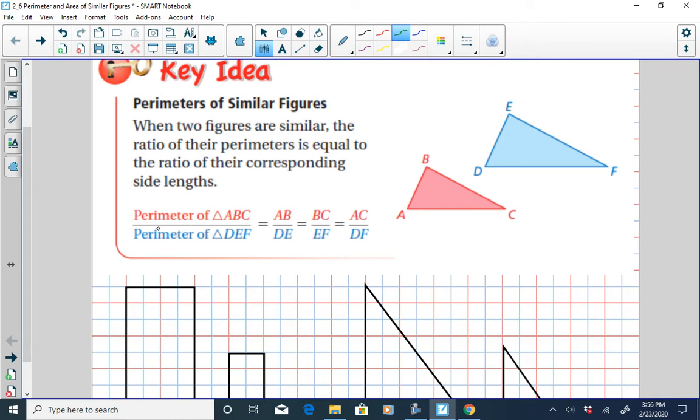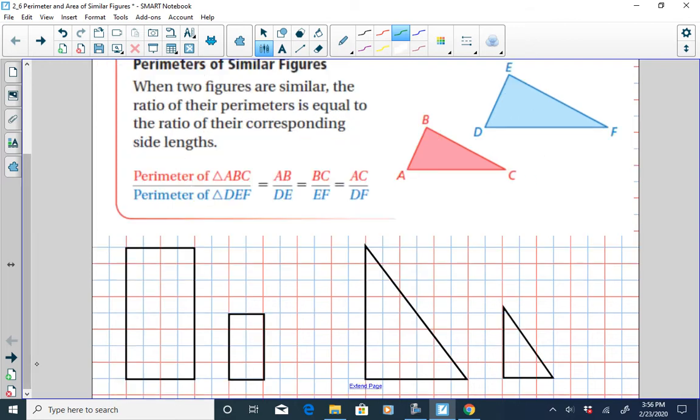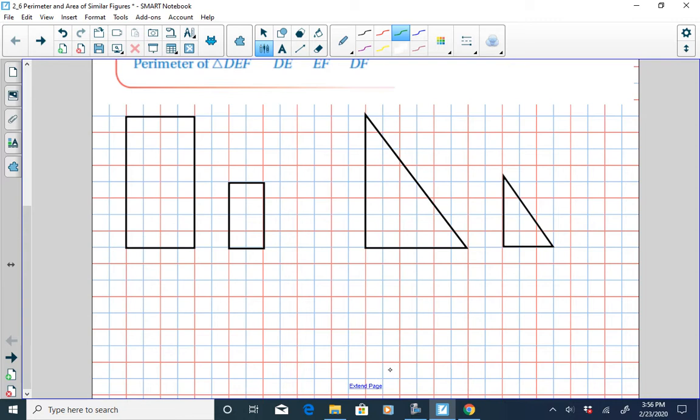So the ratio of the perimeter of triangle ABC to the perimeter of triangle DEF is equal to the ratio of the corresponding side lengths, AB to DE, or you could choose BC to EF, or you could choose AC to DF. All right, but let's take a look and see what that rule means with some real data.